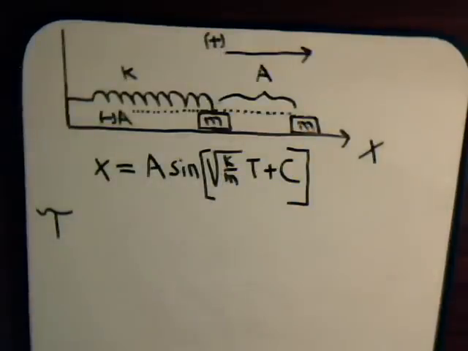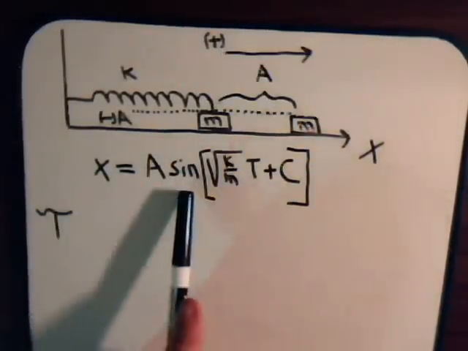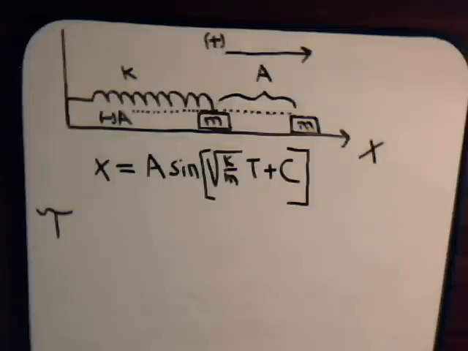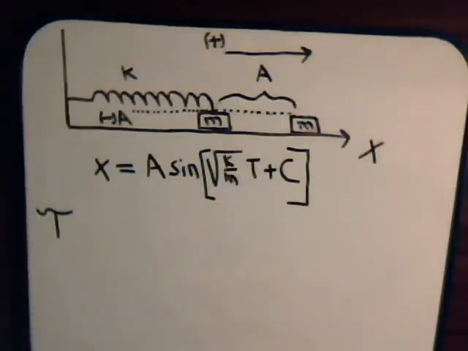Well, here's the equation that governs the motion of the block. It's either a sine or it could be a cosine function, either one. But the period of either one, the sine or the cosine, has a period of 2 pi. So we know that this has got to come out to be a value of 2 pi when we're dealing with the period of the system, tau.